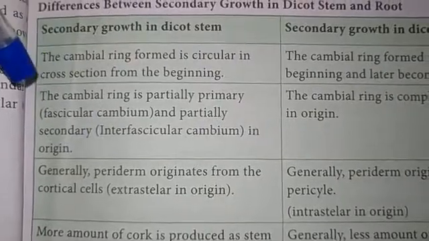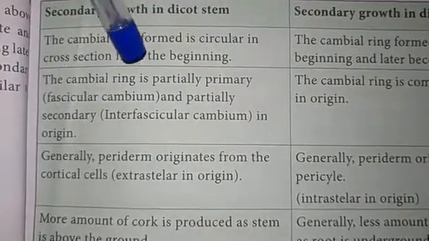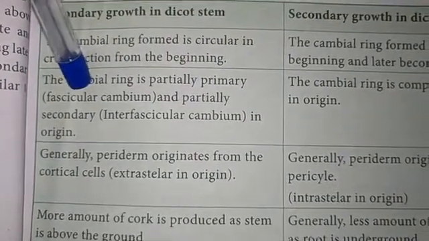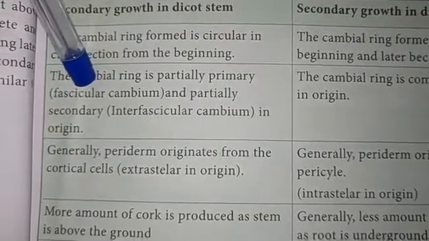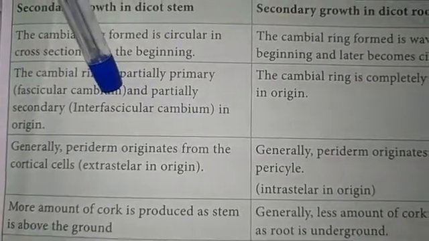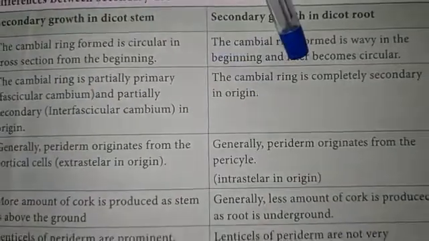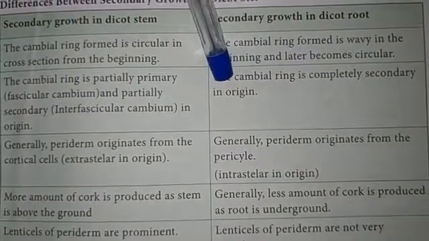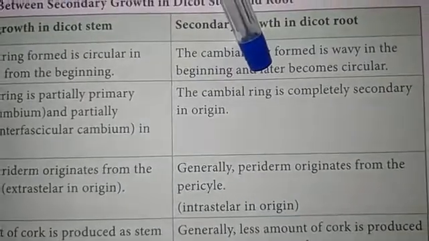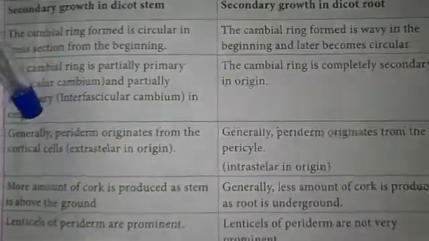In dicot root, the cambial ring is completely secondary in origin.